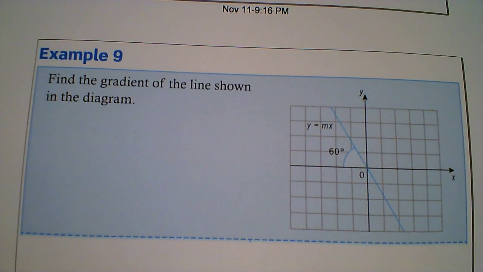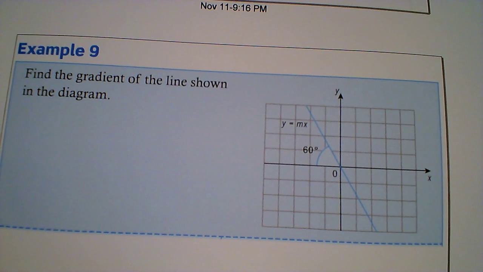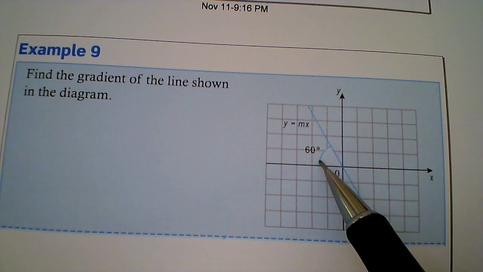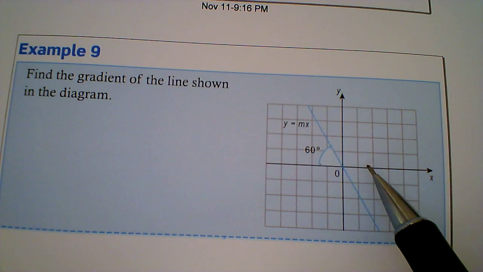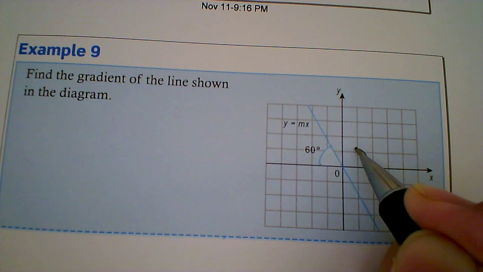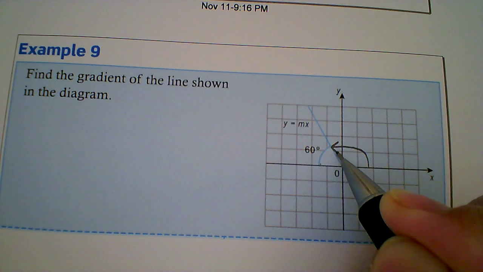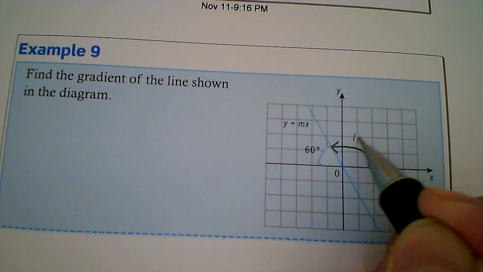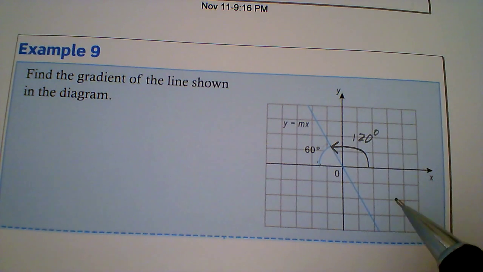Find the gradient of the line shown in the diagram. So we notice here that our degree measure is 60, but we want to work with the degree measure that comes from the x-axis and moves counterclockwise. So that means if this is 60, this degree measure is 120.